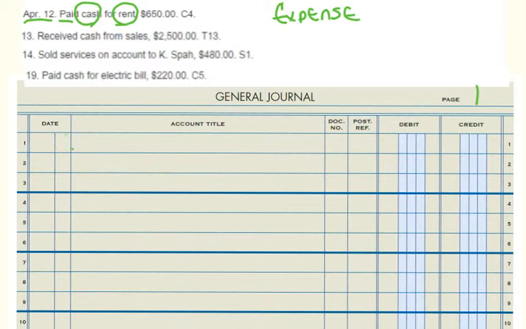Okay? So what we're doing is we are paying our rent on the 12th. So the account to be debited, the thing that came in, is the bill. So we title it rent expense. Why do you think we need to be so specific?